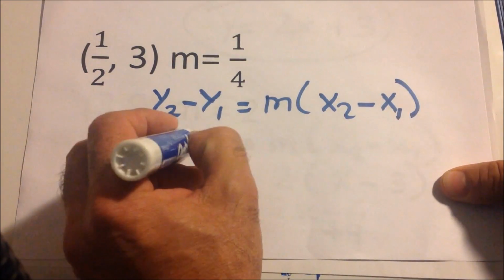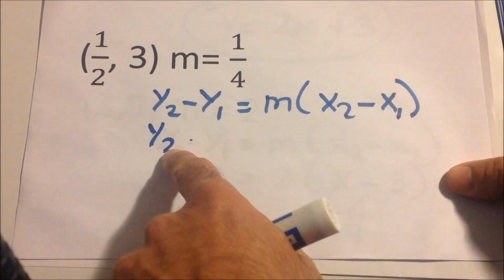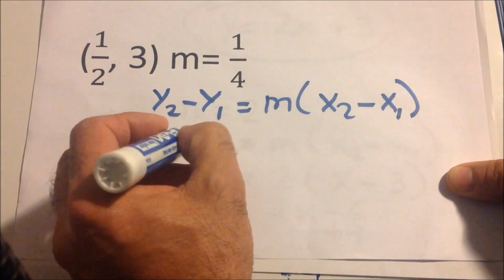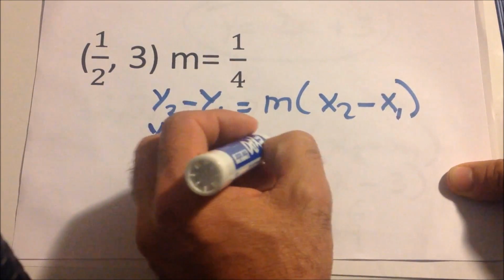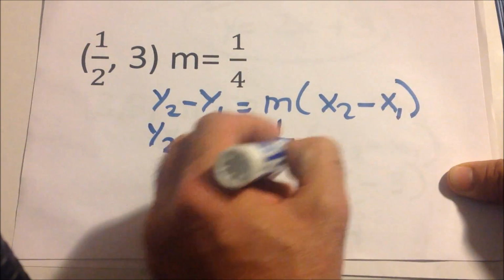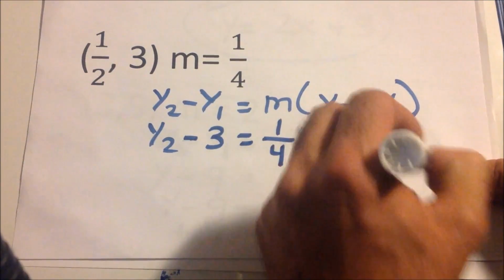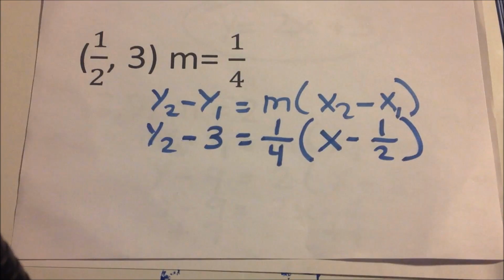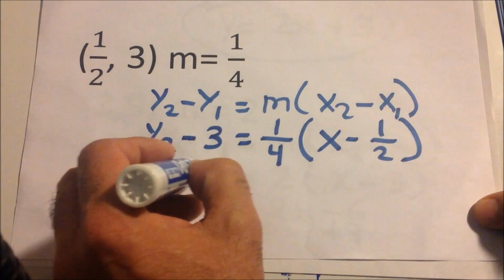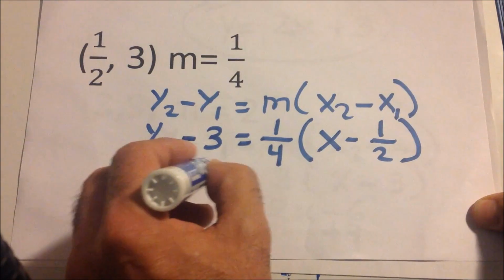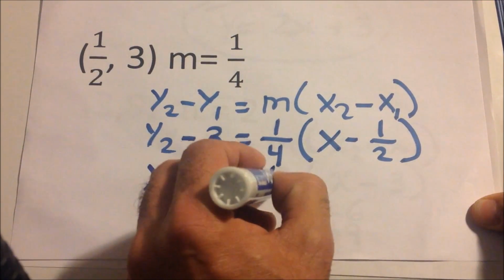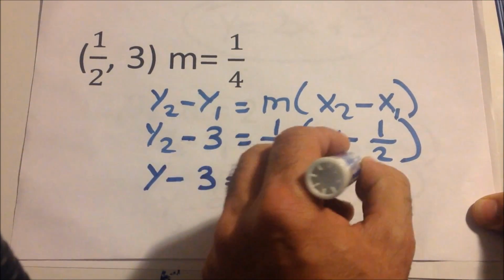Fill in our numbers here. We don't really need the 2 anymore. Slope is 1/4. Now distribute. So we have y minus 3 equals 1/4 x minus 1/8.